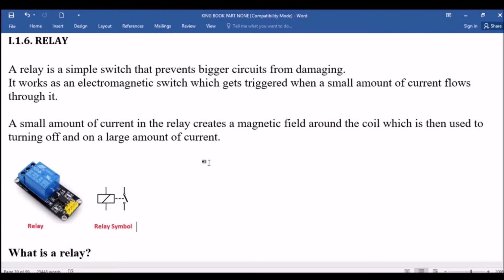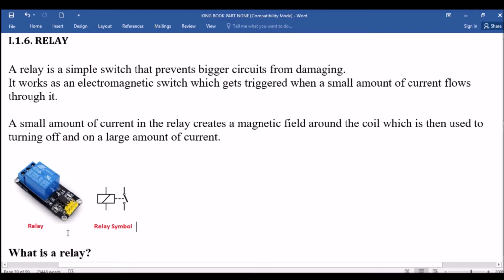Then that magnetic field turns on and off the large amount of current. That magnetic field starts to control the mechanical part of a relay.